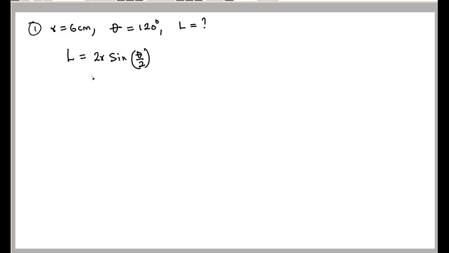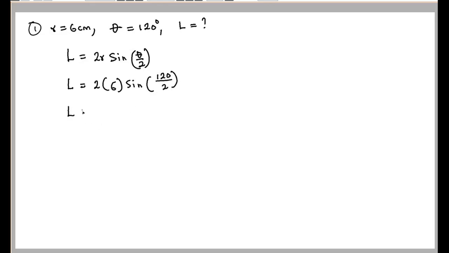So everything here is given to us clearly. So we have L equal to 2 brackets, what's your r? Your r is 6, so you write down 6, sine, theta is 120 here, so let's write 120 over 2.